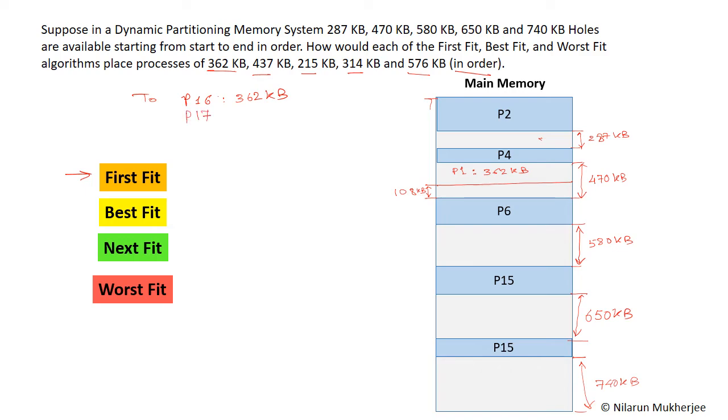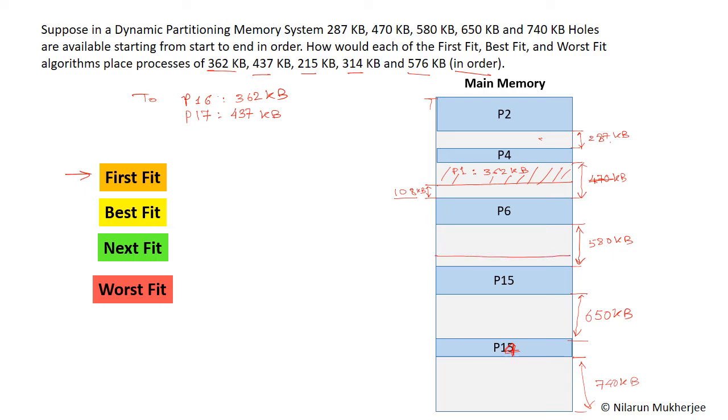Next process P2 comes, this is 437 kb. So again it starts searching from the beginning. Now this place is occupied. So there is a 287 kb hole, 108 kb hole. Now there is a 580 kb hole.